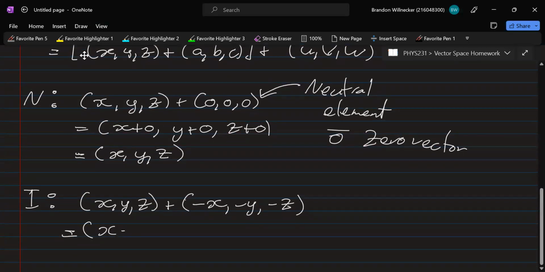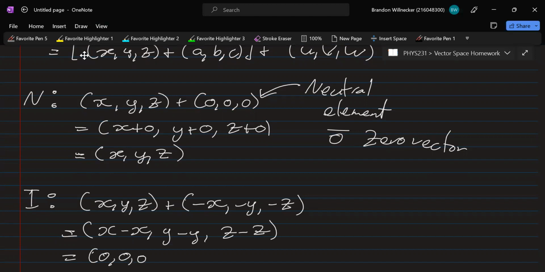So we have x minus x, y minus y, z minus z. And this gives us back our zero vector. Okay, which means that this must therefore be the inverse. Okay, so that is our inverse element.